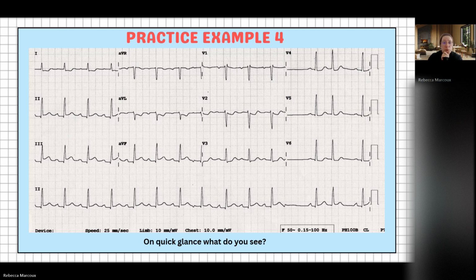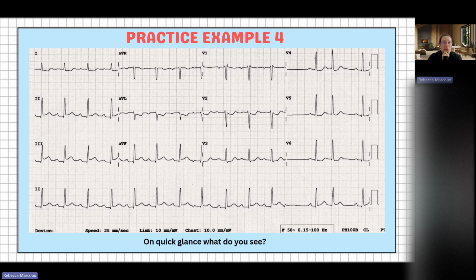This one is ST depression. This one is elevation. Absolutely. So in lead 1, there's some definite ST depression. V2, we have elevation. Lead 3, elevation. AVF, we also had some elevation. So in all of our inferior leads, we have elevation.